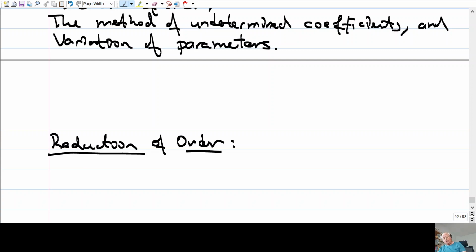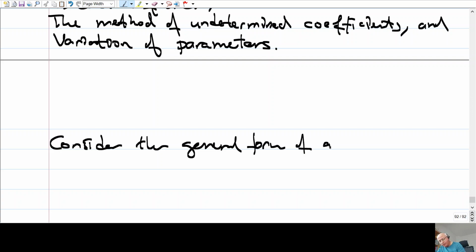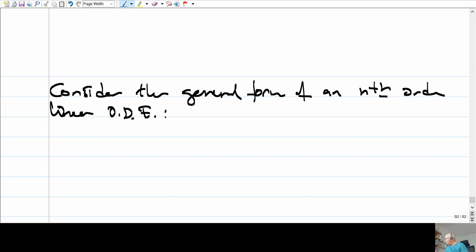Again, maybe before I start this method, let me consider the general form of an nth order linear ordinary differential equation, not necessarily homogeneous.